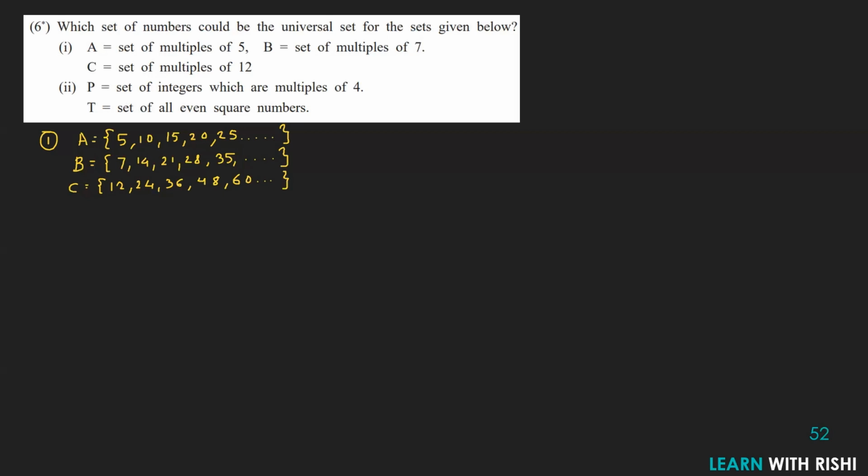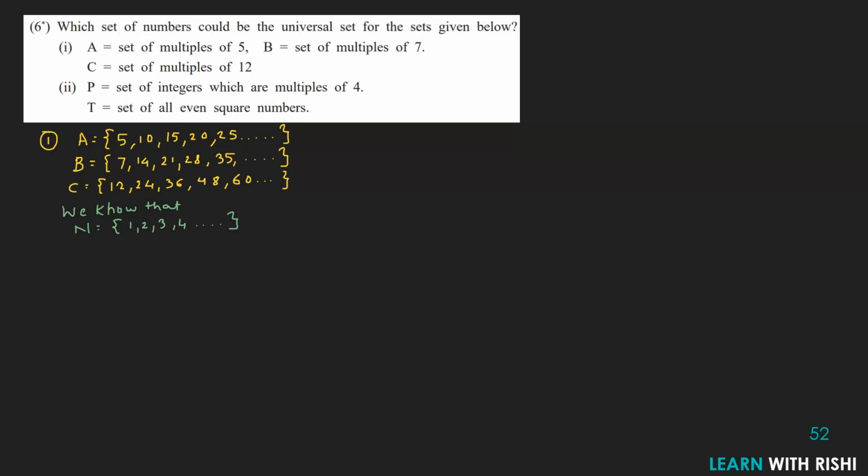So we can write the set of natural numbers as a universal set, or integers as a universal set, or whole numbers as a universal set. If you write the set of natural numbers as the universal set, all the natural numbers will be included. So every set A, B, and C will be a subset of that. We know that the set of natural numbers is 1, 2, 3, 4, and so on up to infinity.